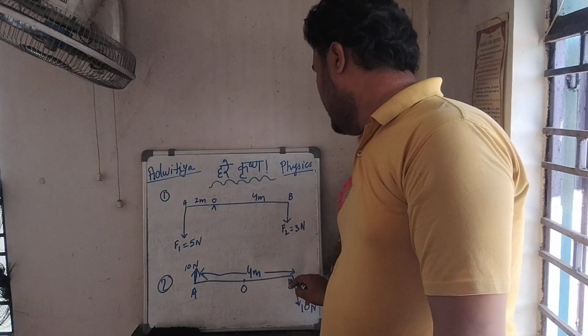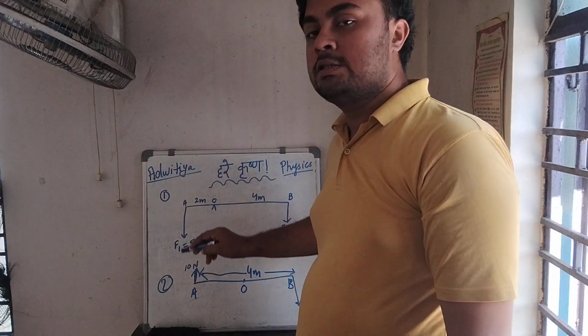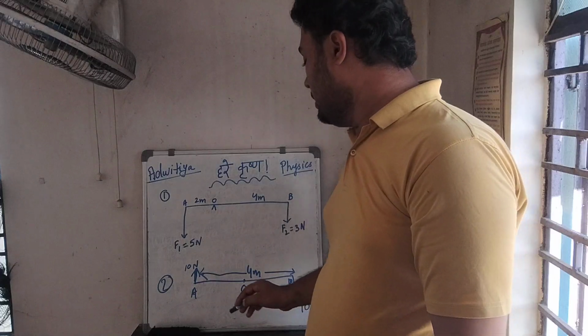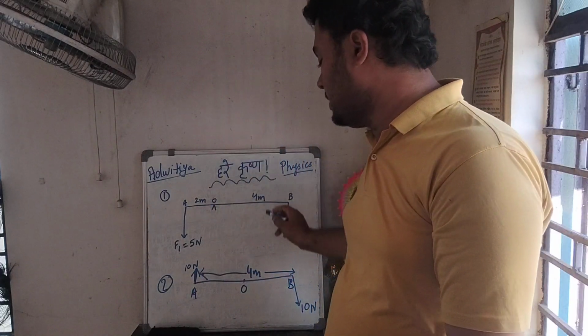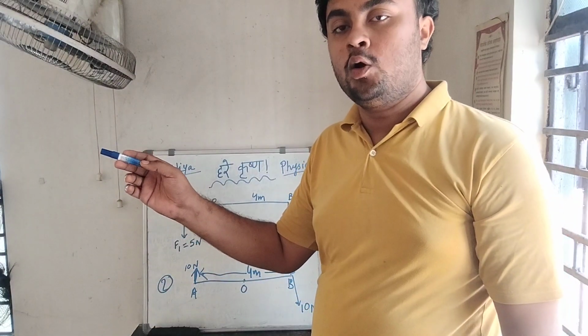Next, there is an upward force of 10 Newton and a downward force of 10 Newton. If you look carefully, this upward force will produce a clockwise moment and this downward force will also produce a clockwise moment.